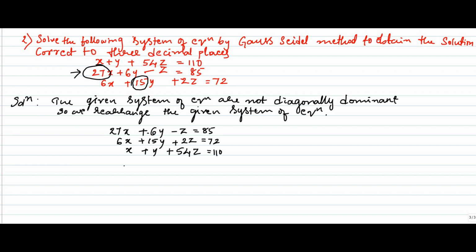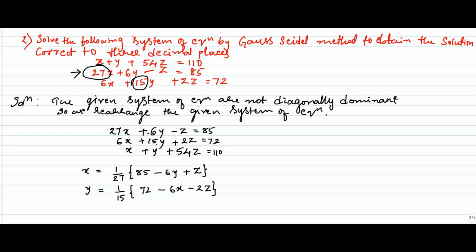Once you know that the given system of equations is diagonally dominant, now we are going to solve for x, y, z. So x is equal to 1 over 27 times of, why we are dividing by 27, since the coefficient of x is 27 here. So the remaining terms should be shifted to the right hand side, 85 minus 6y plus z. So y will be equal to 1 over 15 times of 72 minus 6x minus 2z.